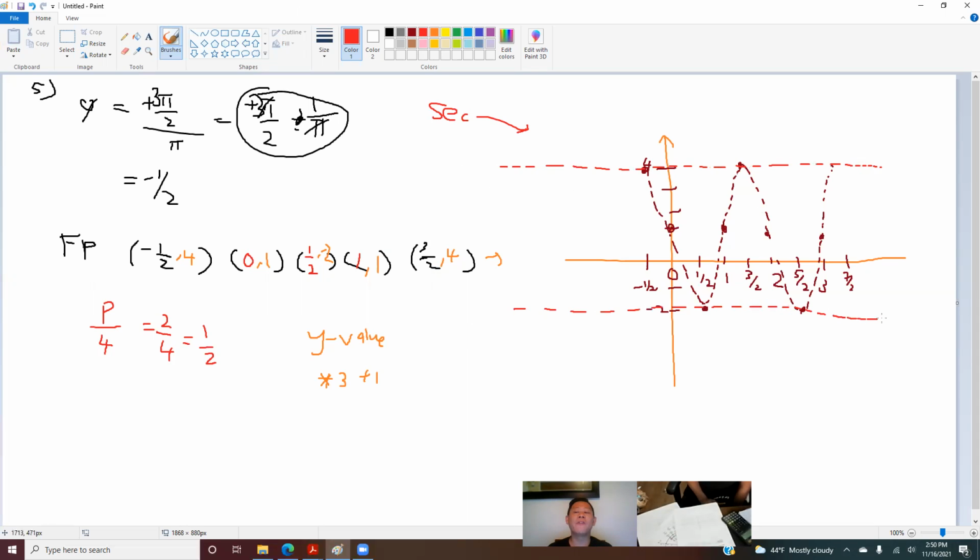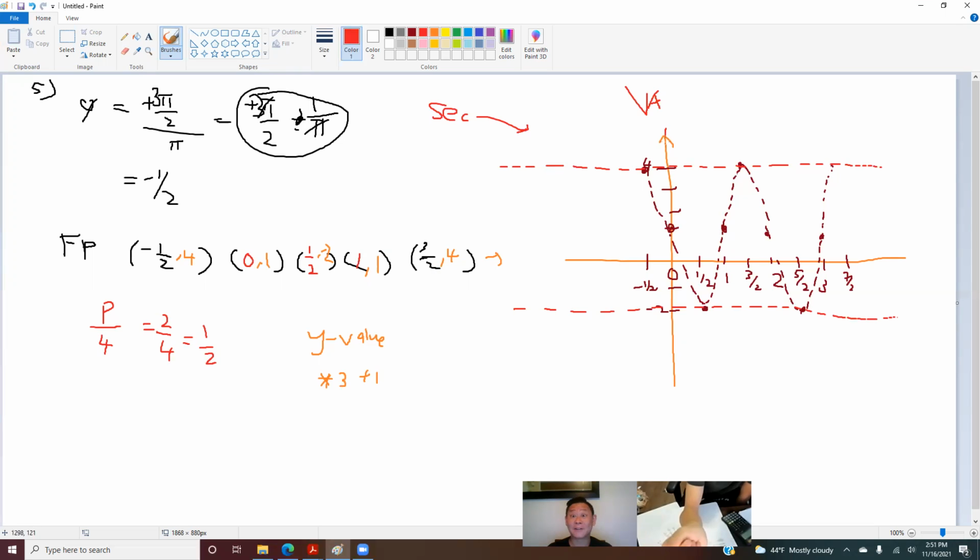Now, where are your vertical asymptotes? Right where it crosses the x-axis, right? Yep. Where?